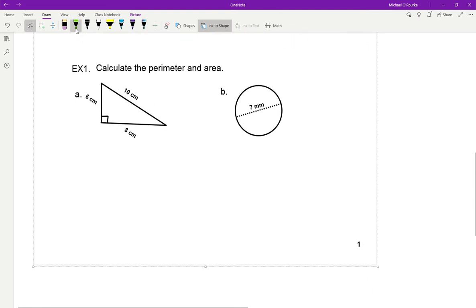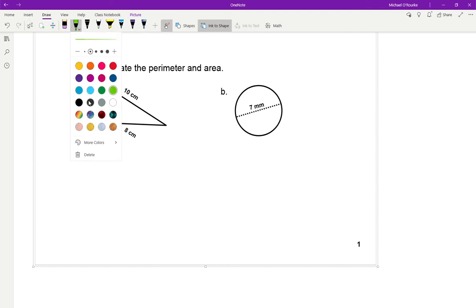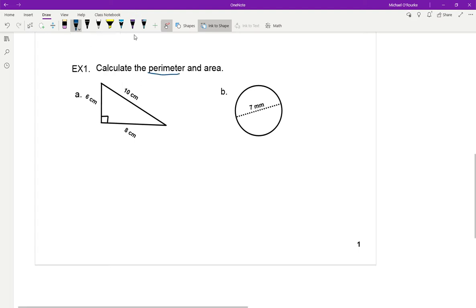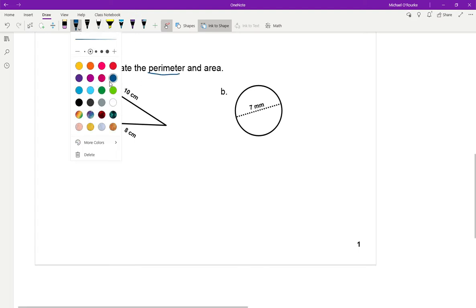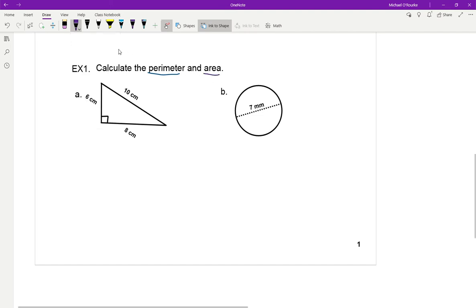For this here, we're going to do two things. We're going to find our area and our perimeter. Let's do our perimeter in blue. I'm going to do my area calculations in purple. Let's start up here.